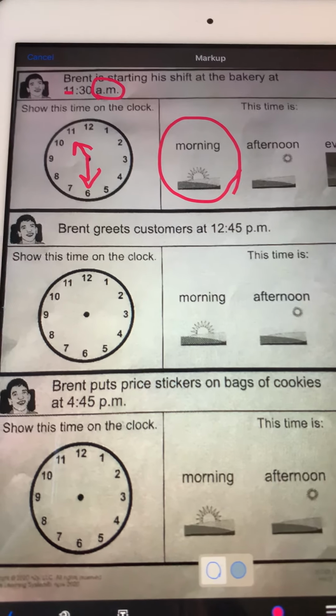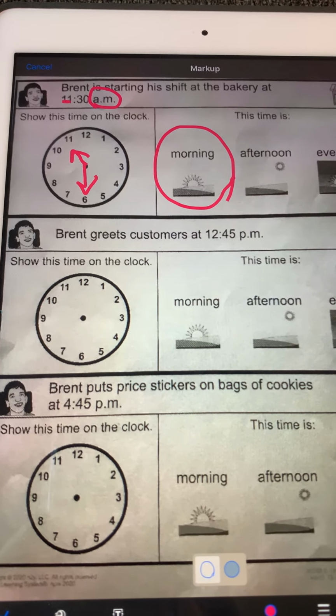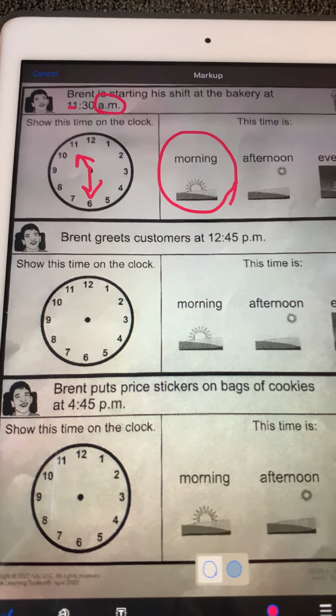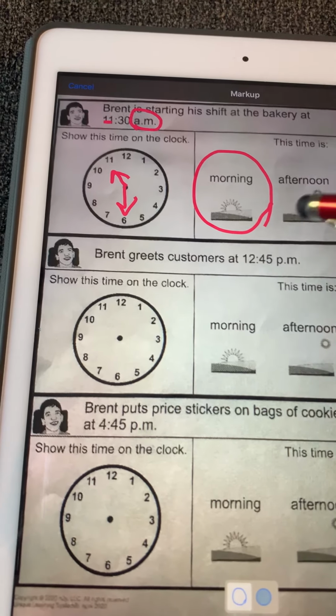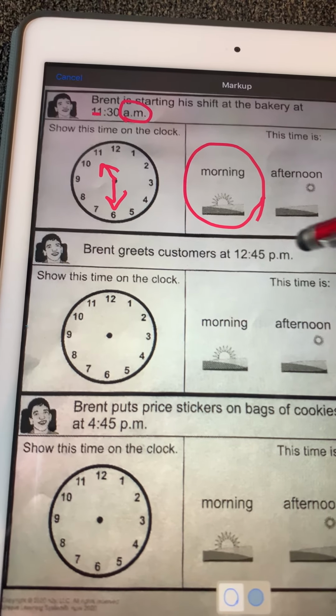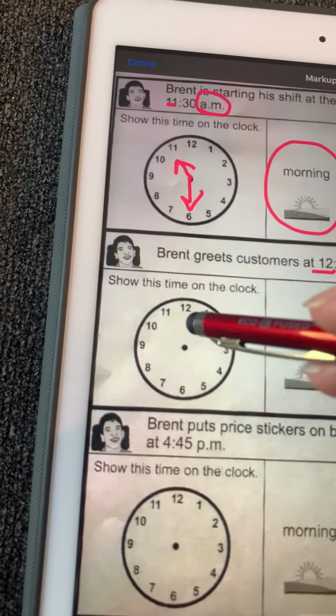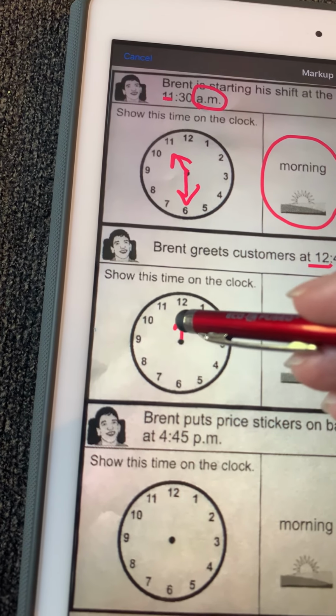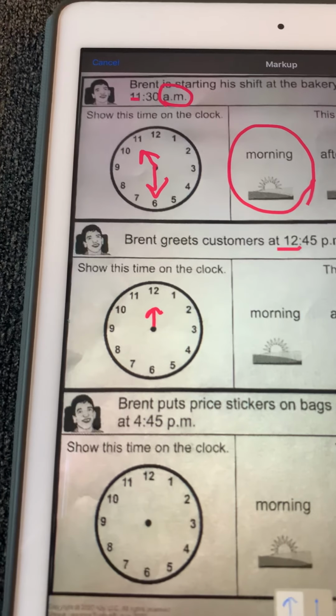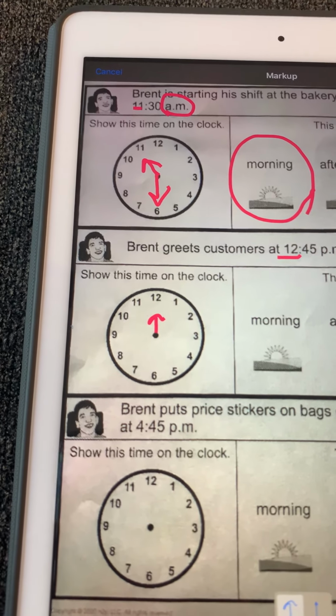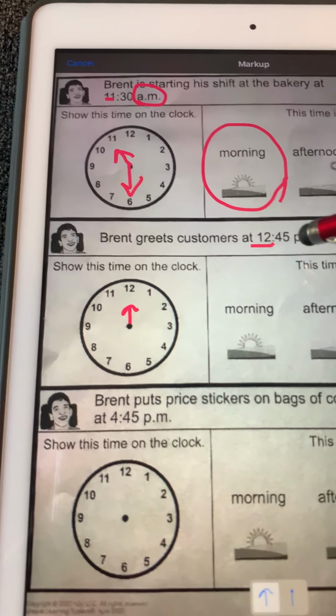Okay, so let's go down to our second question, and it says Brent greets customers at 12:45 p.m. Okay, so let's deal with our hour, which is the 12. So our little hand is going to point up to the 12. And now we have to do our minutes, which is 45.